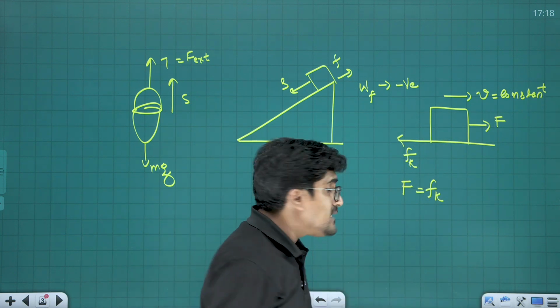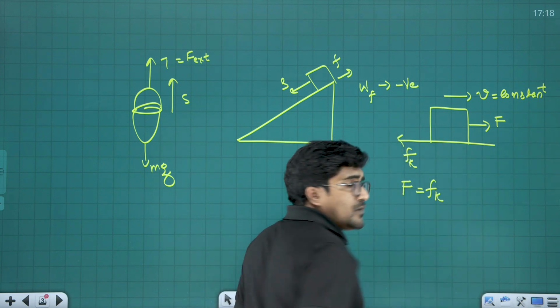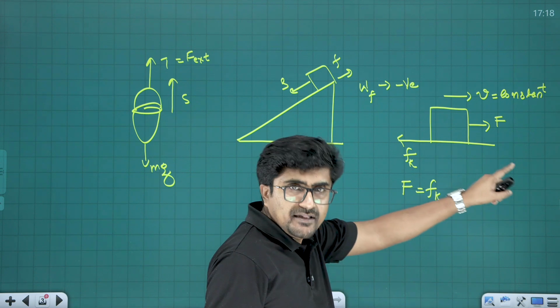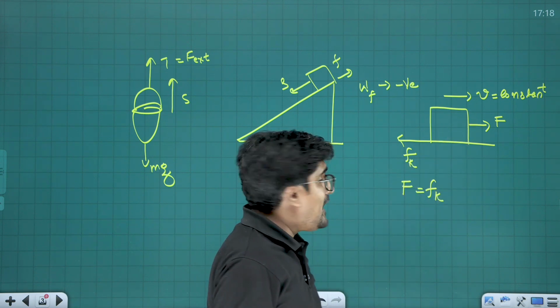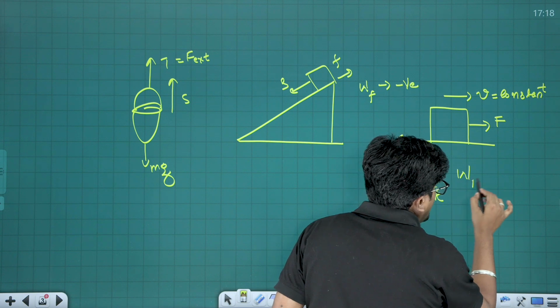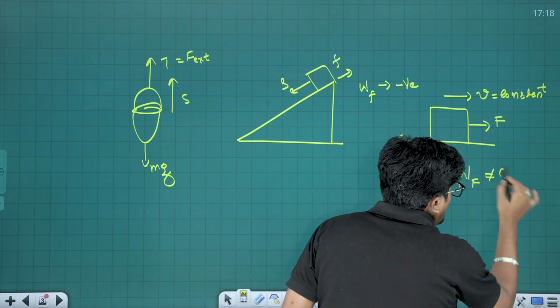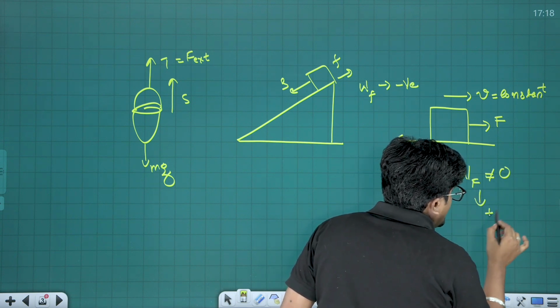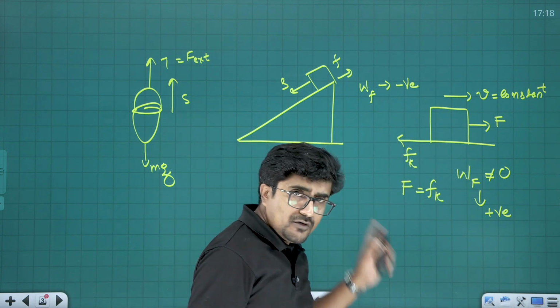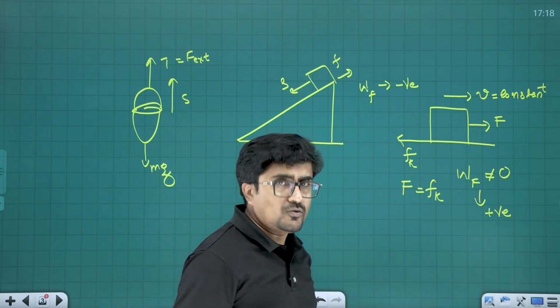And in that case, here force is towards right, and displacement will definitely be there because it's moving with a constant velocity. And in that case, definitely work done by capital F is not equal to 0, and more than that, that is positive. And work done by frictional force is negative.